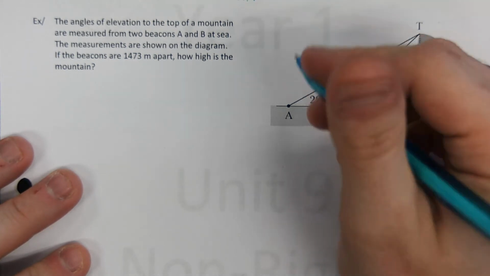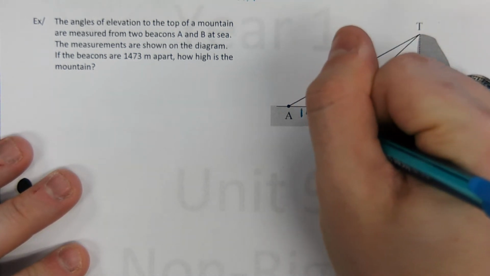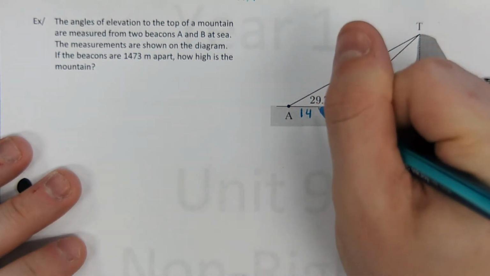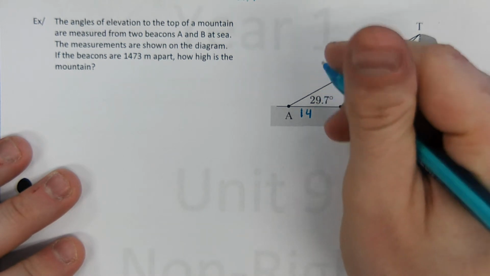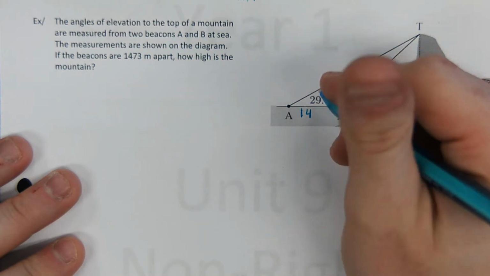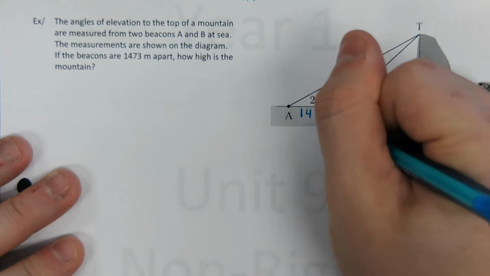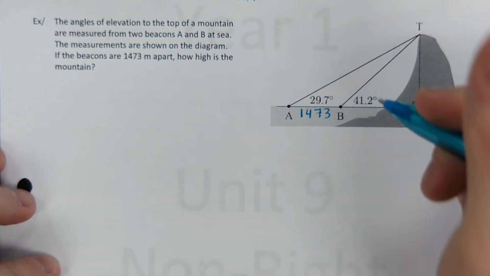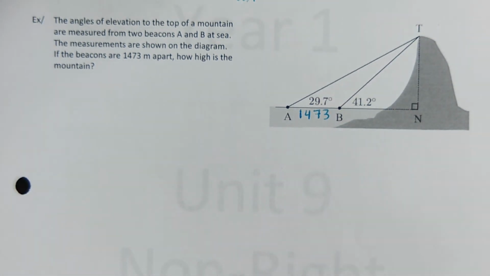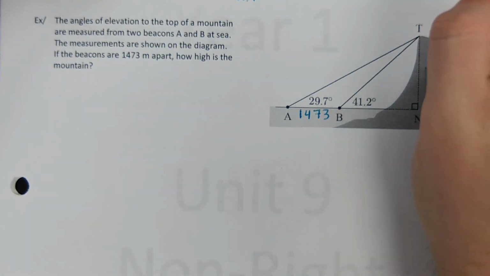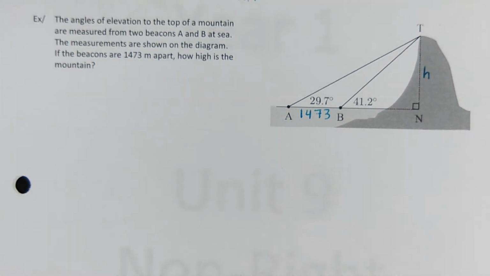So I know this number right here, 1,473, and I know that I'm looking for the height of the mountain. And yes, this is enough information to find that height.